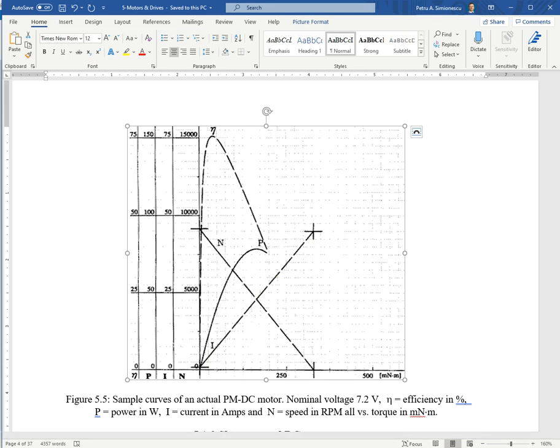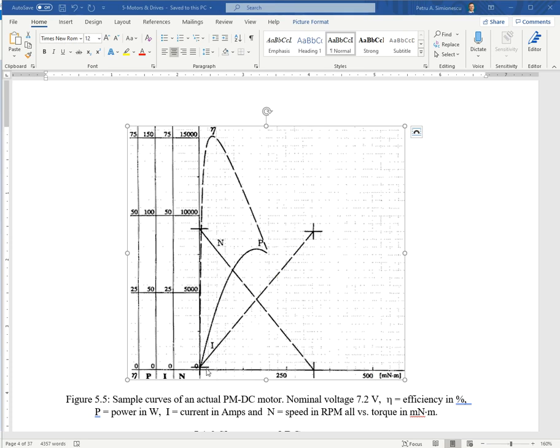Let me take a break. Okay, I'm back. Not that long a break. So one curve is the torque-speed curve, and we have 2 points on it. I'm going back a little bit. We have 0 RPM goes with the maximum torque, and 0 torque goes with the maximum RPM. That's one. And then we have the current versus torque curve.